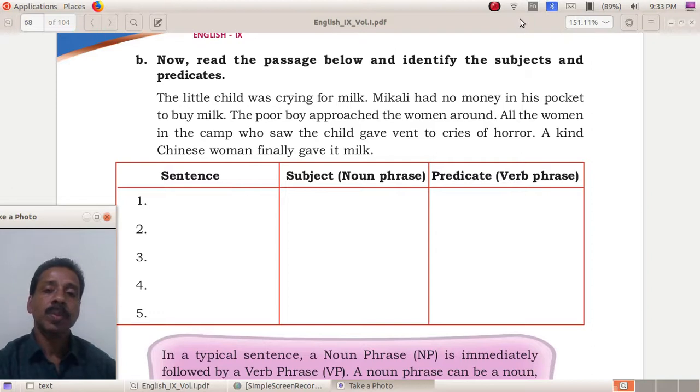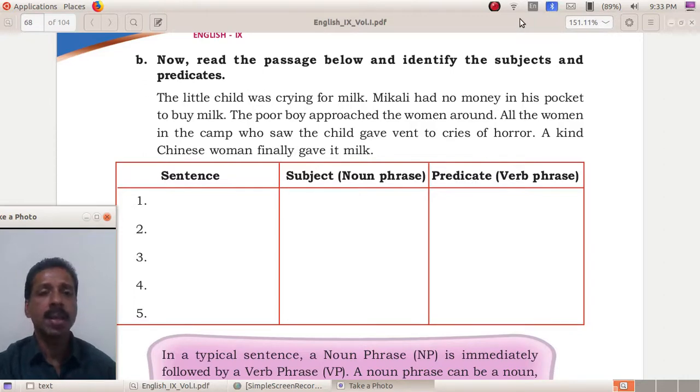So, a noun phrase or the subject gives an answer to the question who or what. And what we tell about the subject, all the things except the subject, come under predicate or verb phrase.